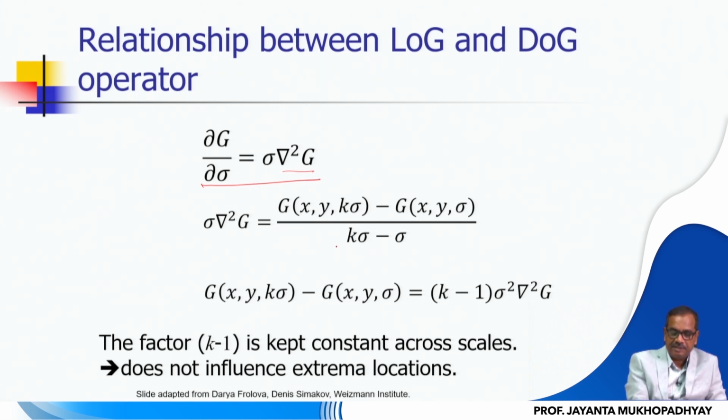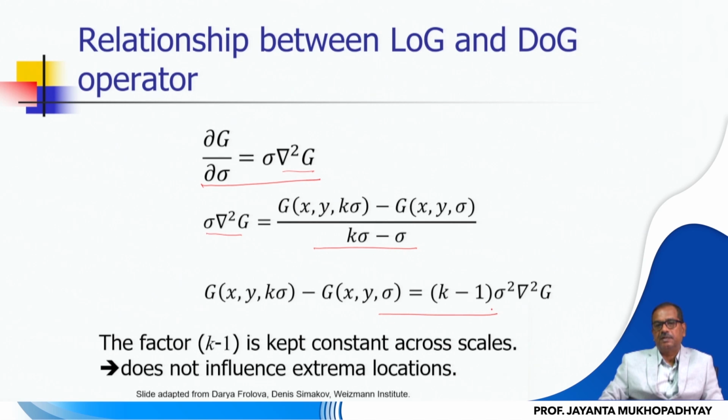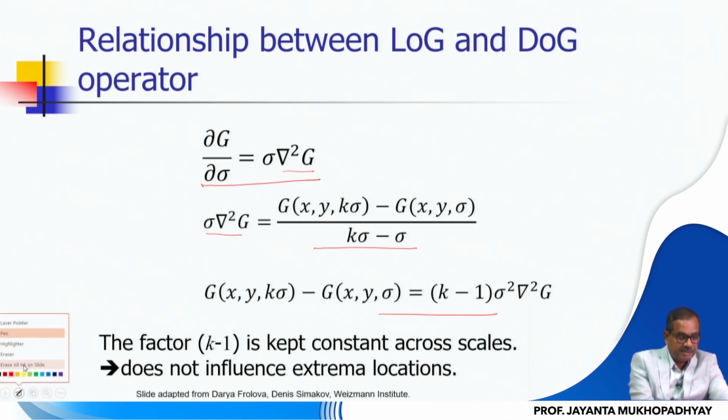Because of this, we can show that these two give you proportional values. So the difference of Gaussian operator gives a value proportional to the Laplacian operator. This is how both give similar results.